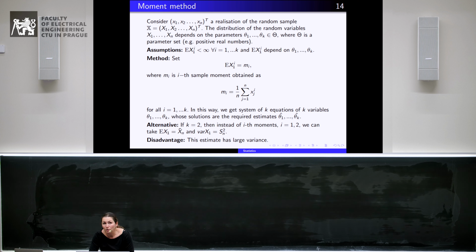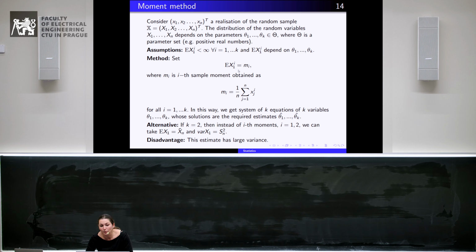Theoretically, we can calculate, in most cases, the kth moments. The ith moment is the expected value of x powered by i. And we can estimate this ith moment from the data as 1 over n times the sum of the observations powered by i.